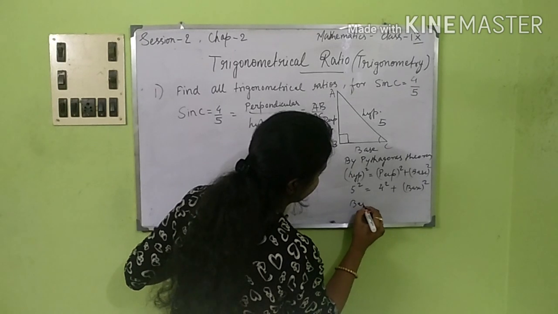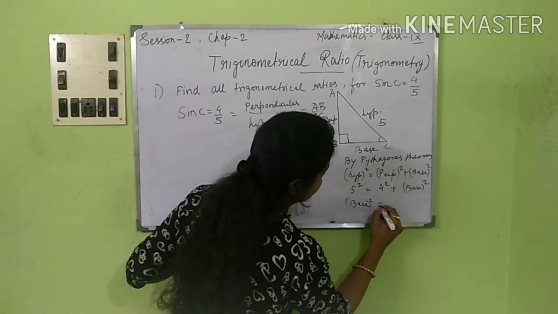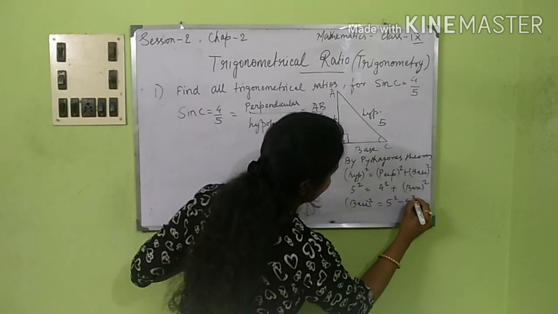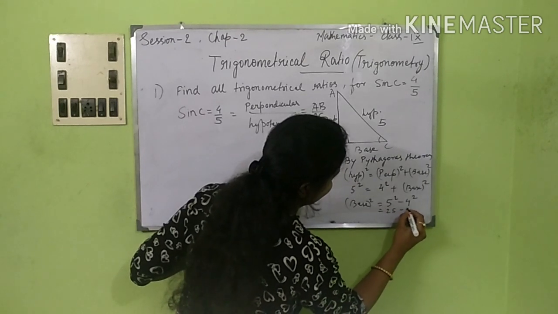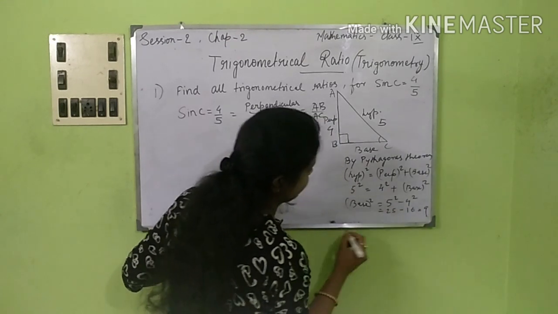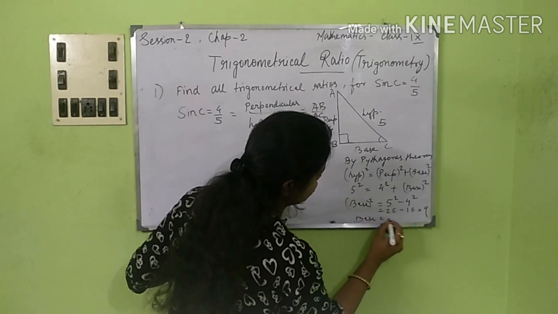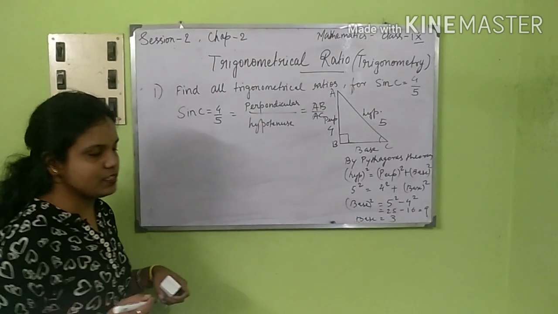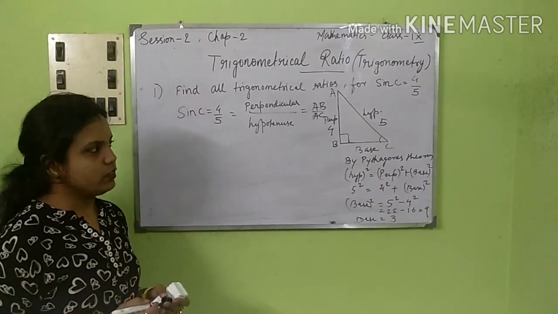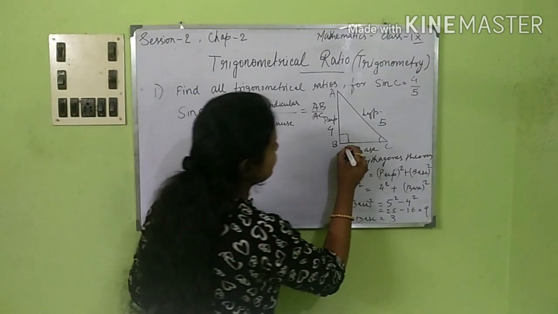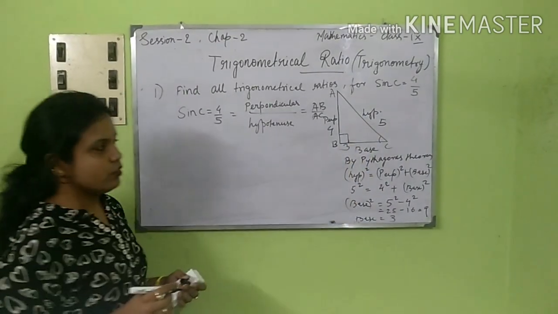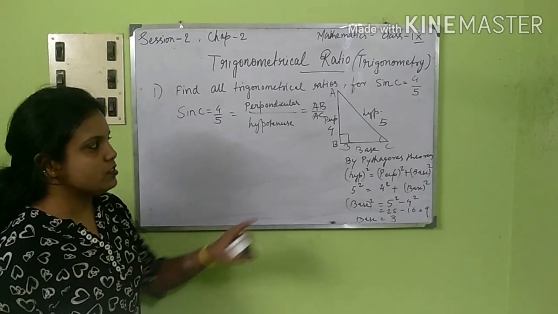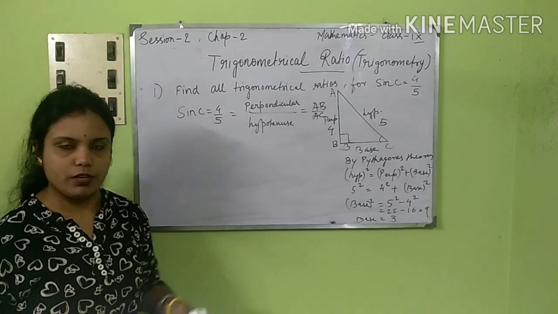So base square will be equal to 5 square minus 4 square, that is 25 minus 16, that is equal to 9. So base will be equal to, obviously as you can understand, 3, right? So we can write the value here, 3. We have got the value from Pythagoras theorem as 3.